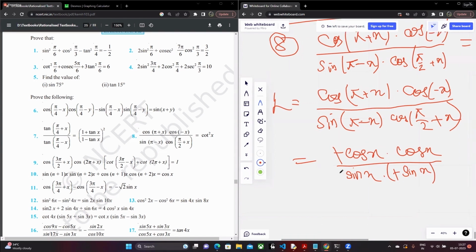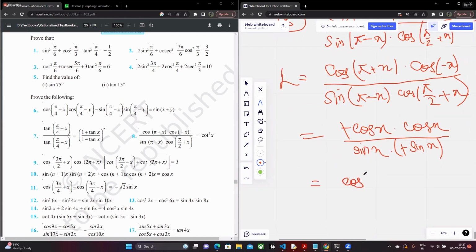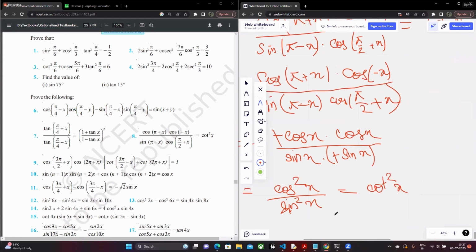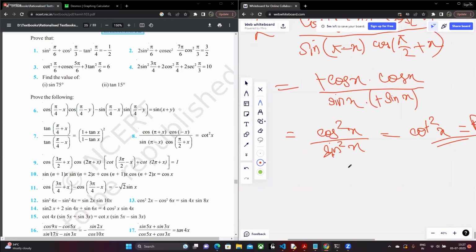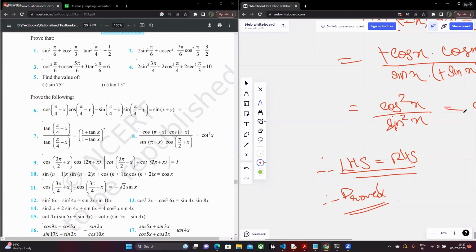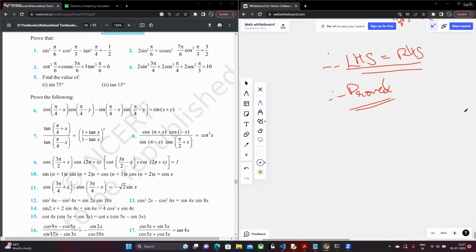Minus and minus cancel out. This is going to be equal to cos squared x divided by sin squared x, which is cot squared x, the right hand side. Therefore, I've proved that the LHS is equal to the RHS. Therefore, I've proved the statement. That's question number 8.